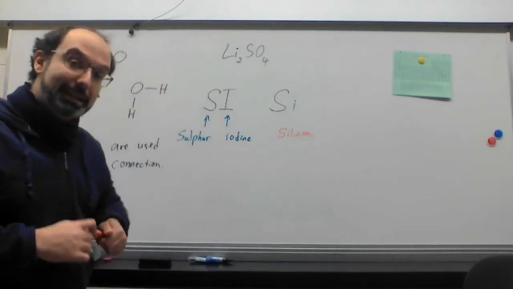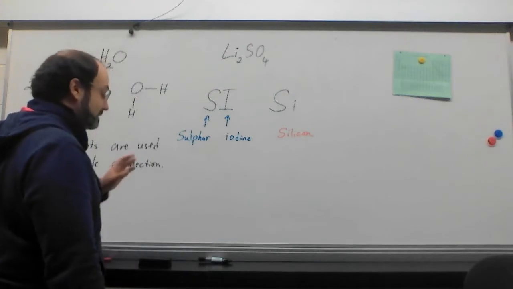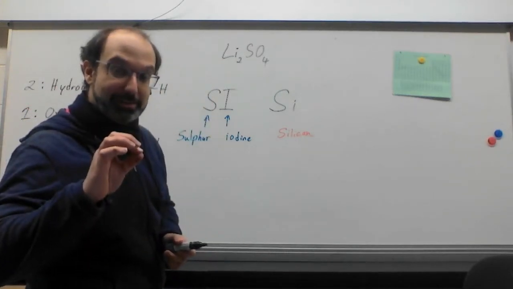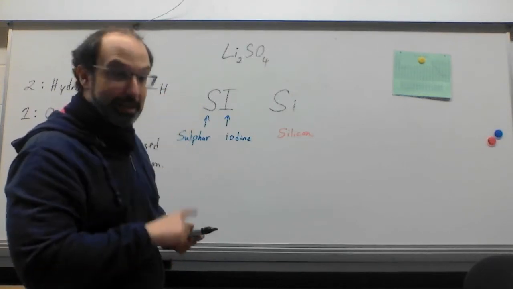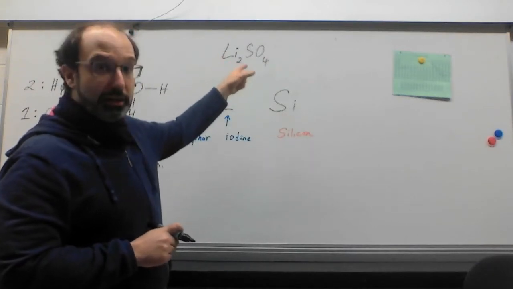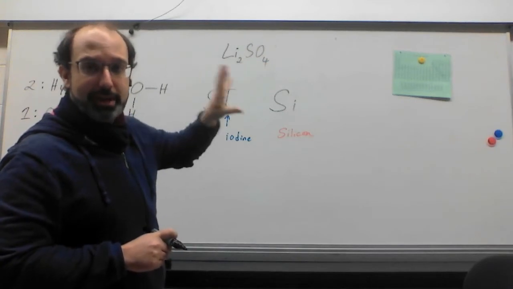A completely different element. So whenever you're looking at the different formulas, take a look to see if there are any lowercase letters. If there are lowercase letters, that means that the two letters are combined, like in the case of lithium or silicon. In the case of sulfur here, though, this SO, those are two separate elements.